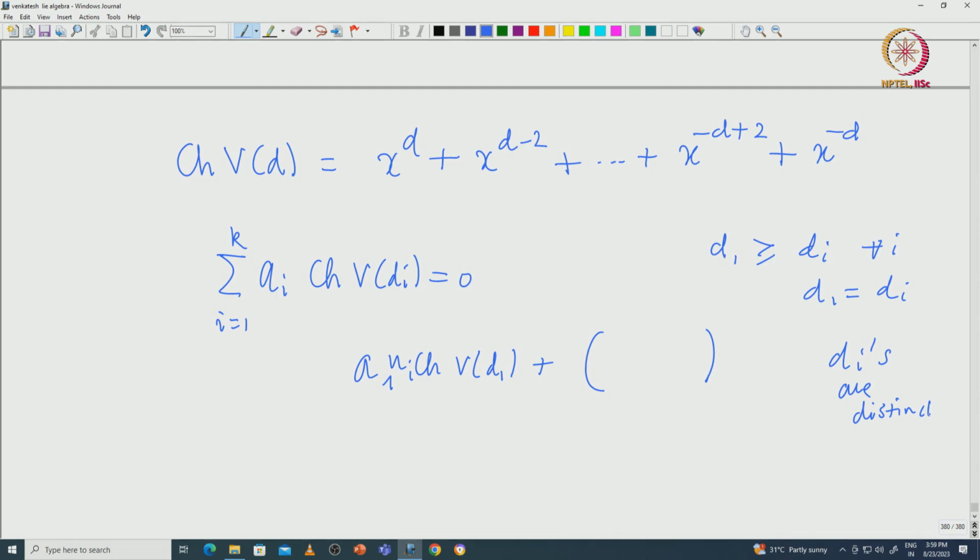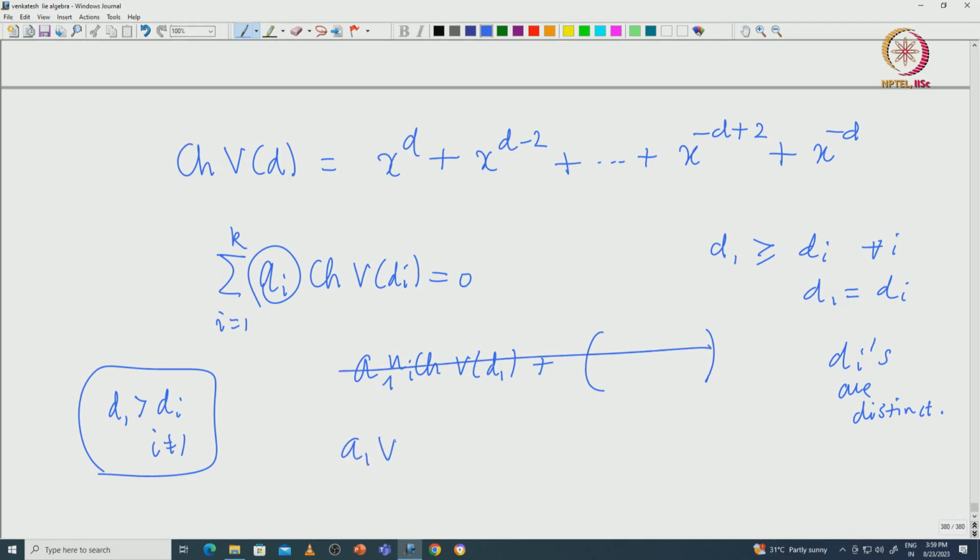Otherwise you just add the corresponding terms, so that the coefficient changes. Once you assume all di's are distinct, you can make sure that d1 is greater than di for all i not equal to 1. So a1 times the character of Vd1 plus the rest of the terms will be equal to 0.